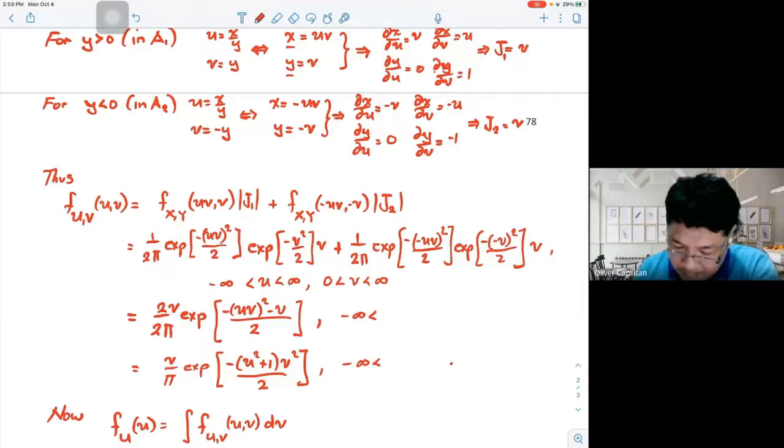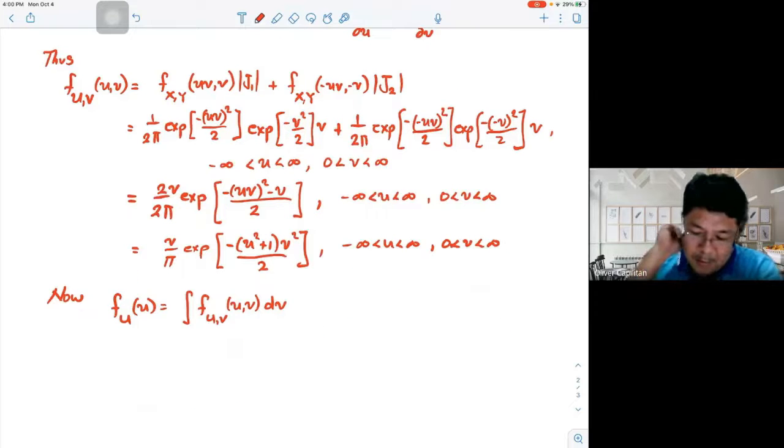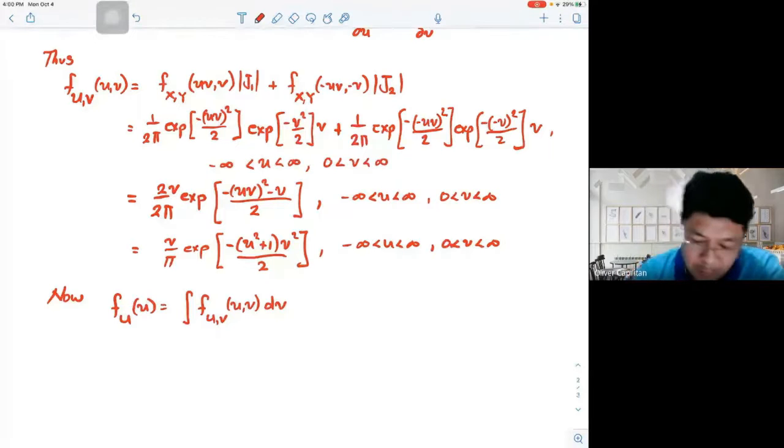So ang V natin, set of all positive real numbers. Okay, so indicator function natin sa V, that would be 0 to infinity. So ang ating limits of integration will be from 0, lagay muna natin negative infinity to positive infinity.